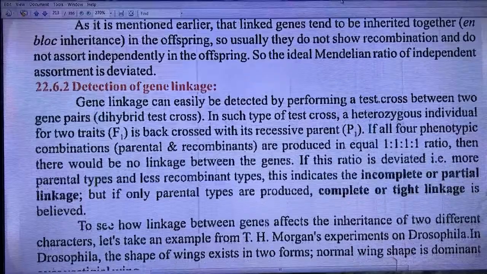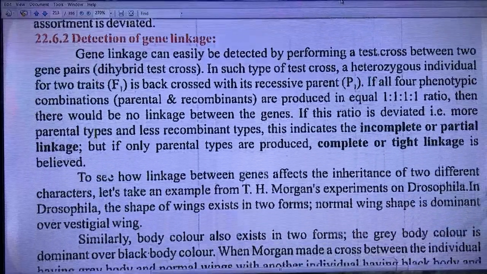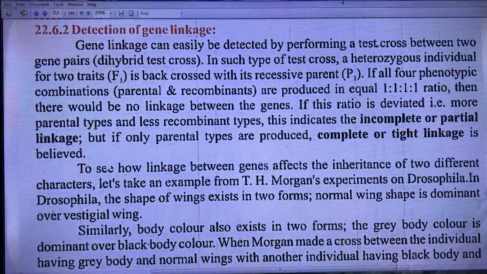Detection of gene linkage. Gene linkage can easily be detected by performing a test cross between two gene pairs, the hybrid test cross. In such a test cross, a heterozygous individual for two traits, F1, is back crossed with the recessive parent P1.